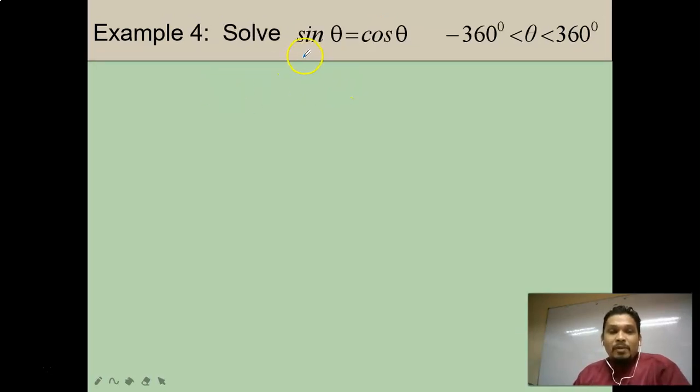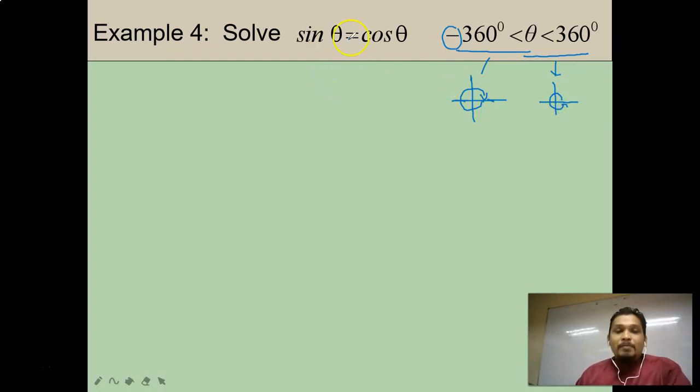Now for this sine example, theta is in between negative 360 to 360. Let's take a look at the first one here. So just imagine that, negative 360, begin from here. Negative is what we call clockwise direction. And the next one here, anti-clockwise direction.